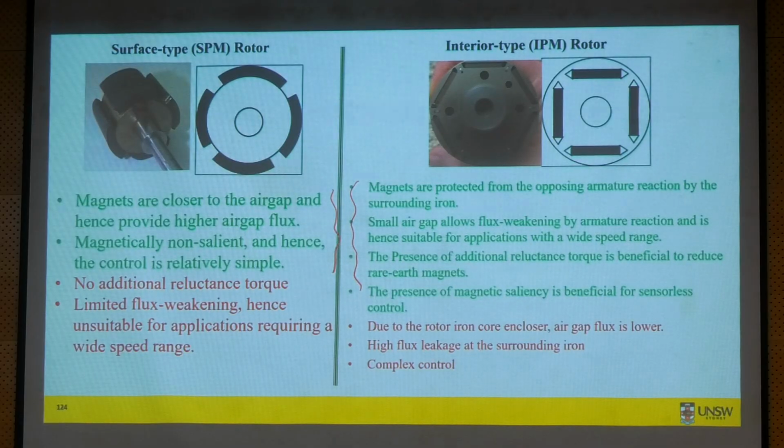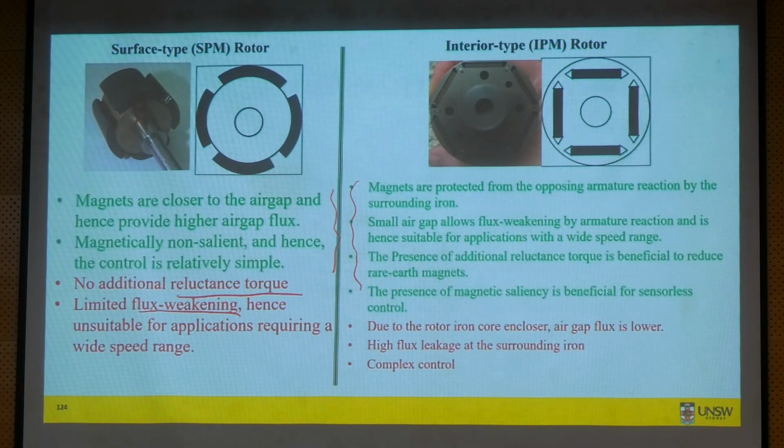For surface type, obviously we don't have the reluctance torque. It usually has very little flux weakening, the surface type. So they are not very suitable when you need large or wider constant power speed range. That's the reason why in traction application we do not see surface type.